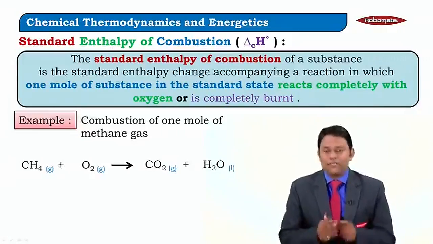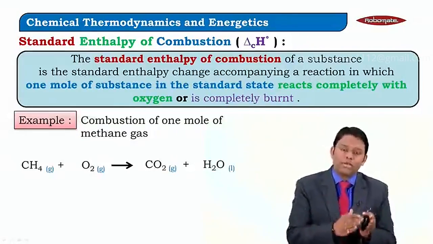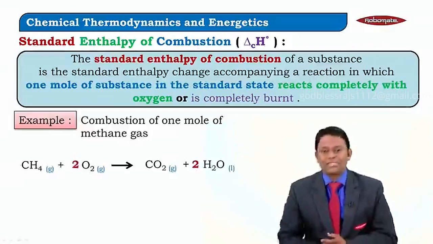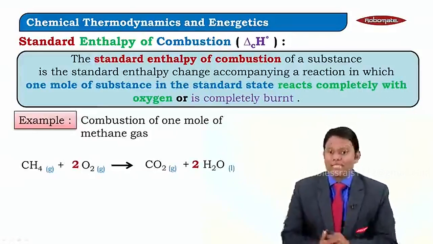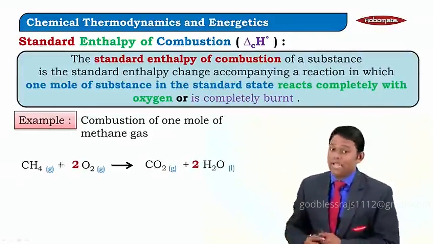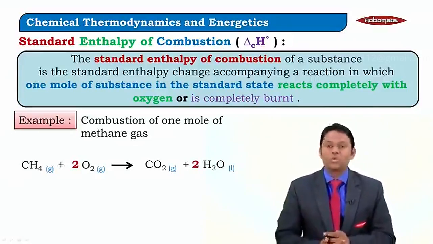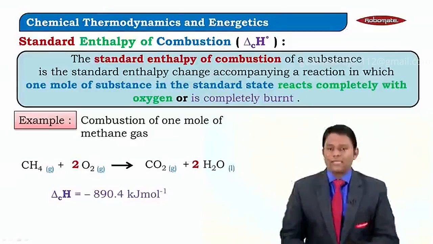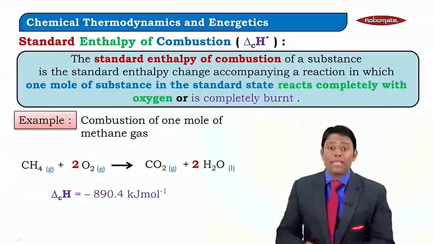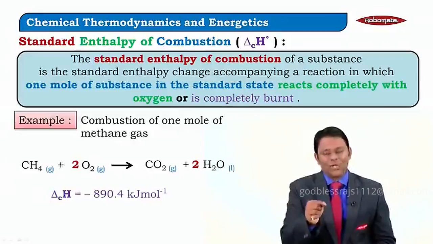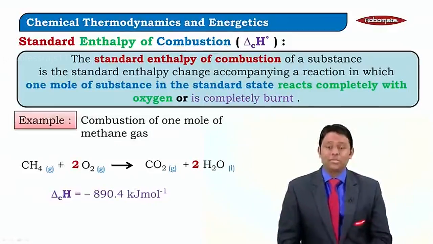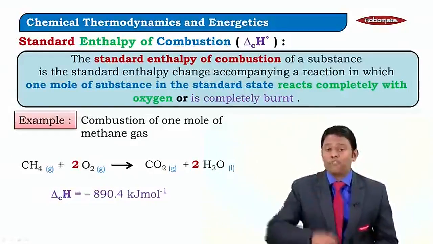Only in that case we can change the balancing of all the other terms except methane, and the answer after balancing is 1 mole of methane reacting with 2 moles of oxygen to give you 1 mole of carbon dioxide and 2 moles of water. Only in that case the delta H value, that is minus 890.4 kilojoule per mole, is applicable. So it is strictly for 1 mole of methane.